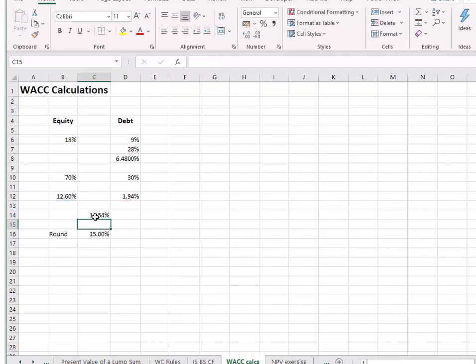That number turns out to be 14,54, and I've simply asked Excel to round it so that we end up at 15%. That's a rough estimate of the cost of capital of companies in South Africa. It's the expectation of return that these companies require.